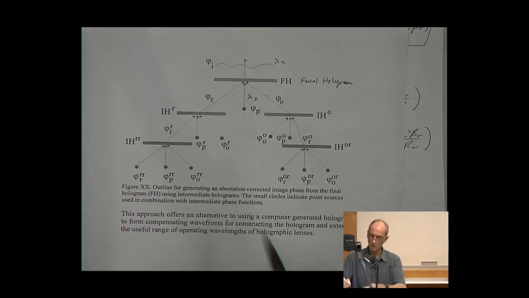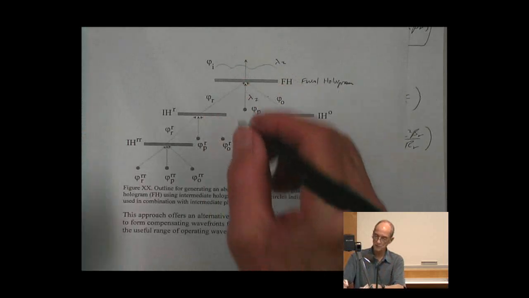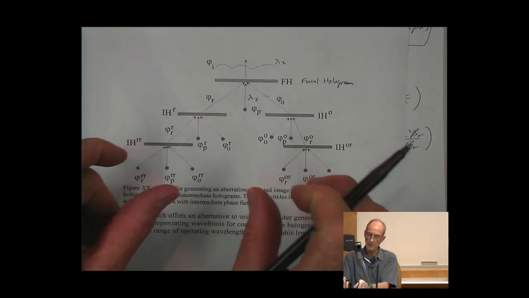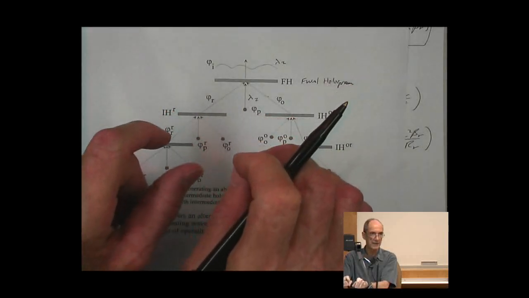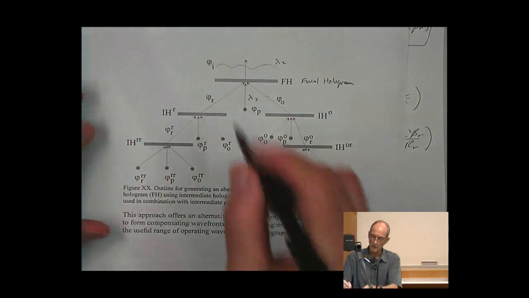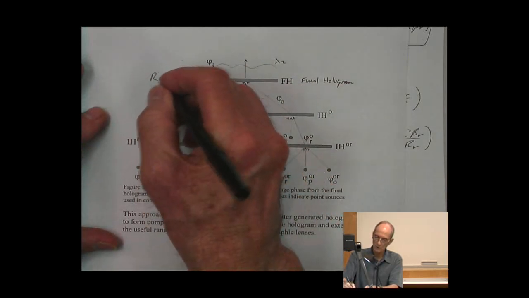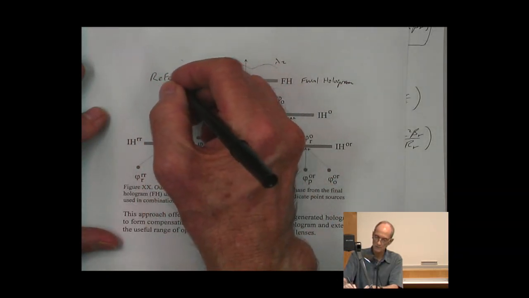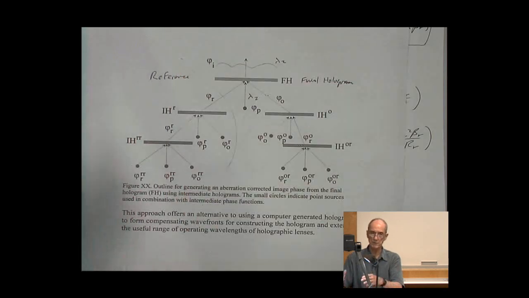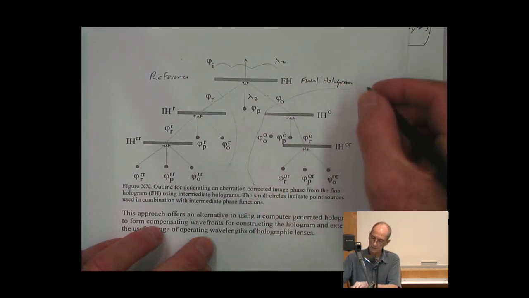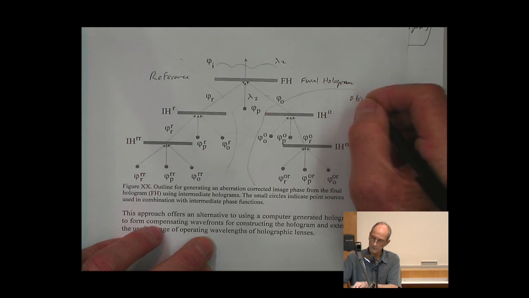All right. So there's actually two sets of construction paths that get to that endpoint. These holograms here are with regard to the reference beam, to pre-aberrate that reference beam, and these over here, again, are for the object.